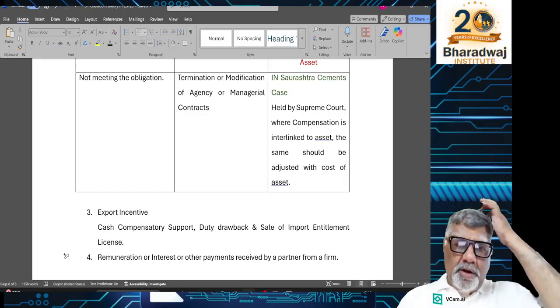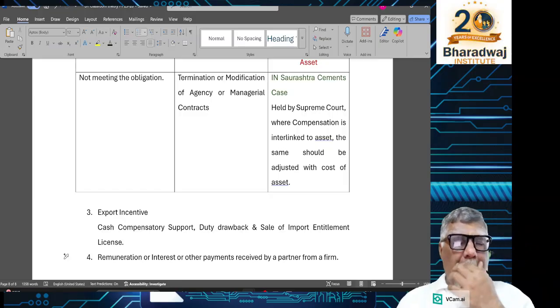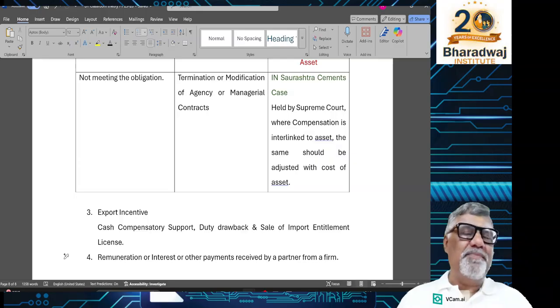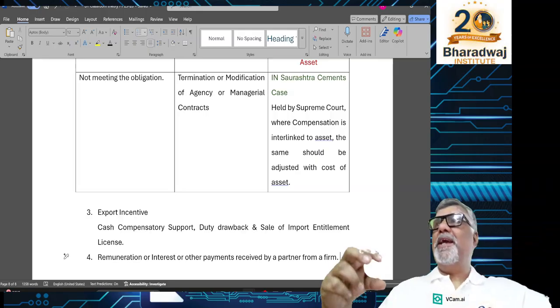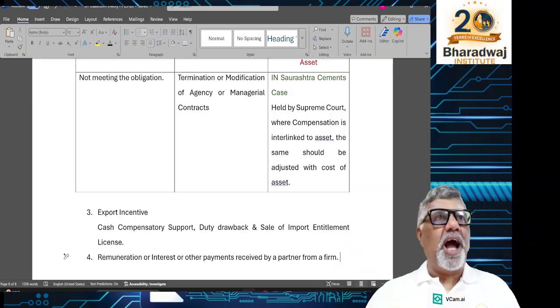Normally, remuneration is taxable under salary, interest is taxable under IFOS.